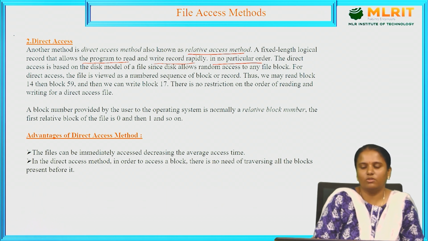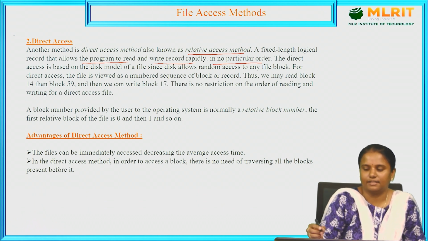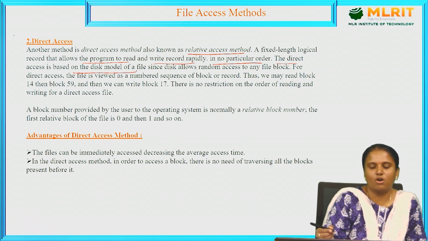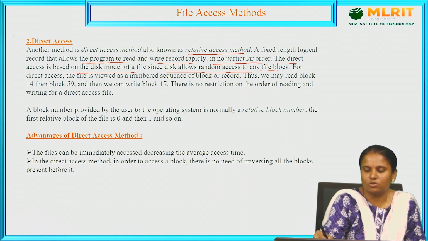So how is the access done by direct access? The direct access is based on the disk model of a file, since the disk allows random access to any file block.